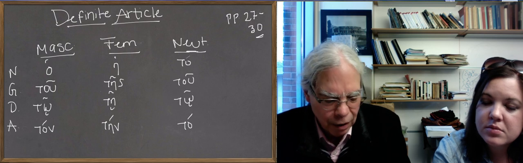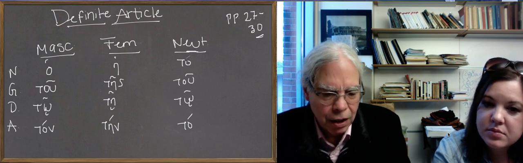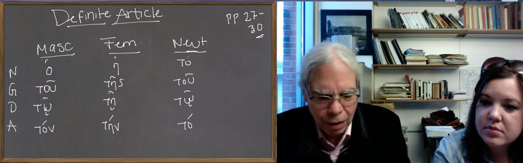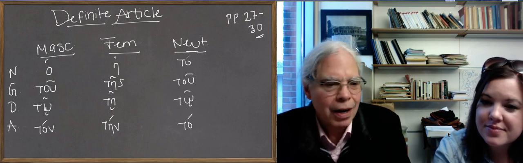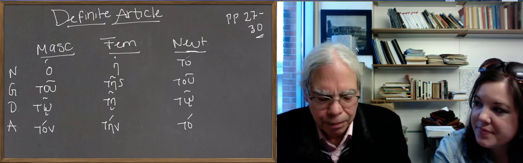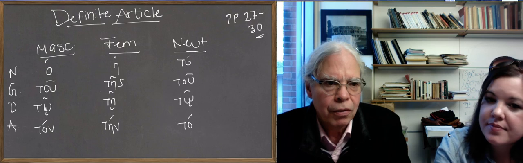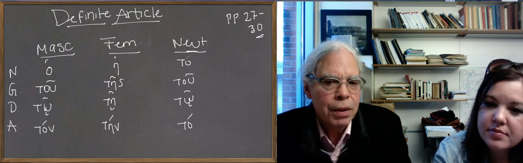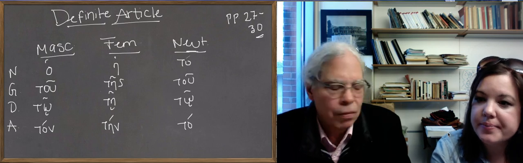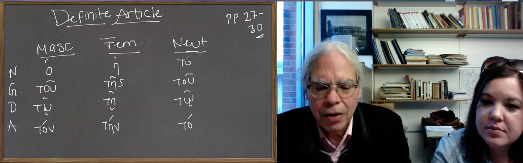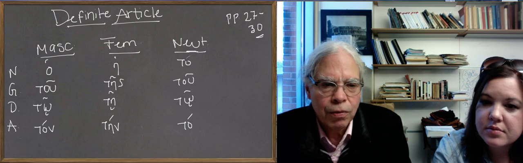It also agrees in number, that is whether it's singular or plural, or in some cases dual. We're not learning the dual in this class, so don't worry about it. And thirdly, in case. So if a noun is the subject of a sentence, you're going to have the article be in the same case as it, as well as the same gender and number. So that's why adjectives in Greek have all these forms for the three genders.